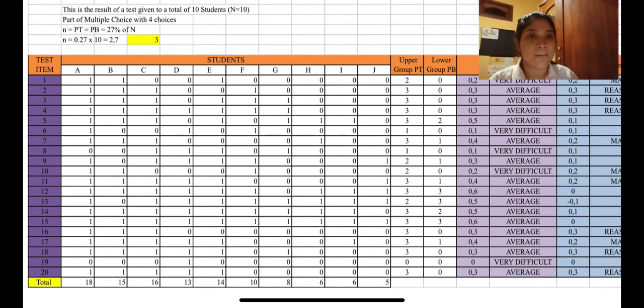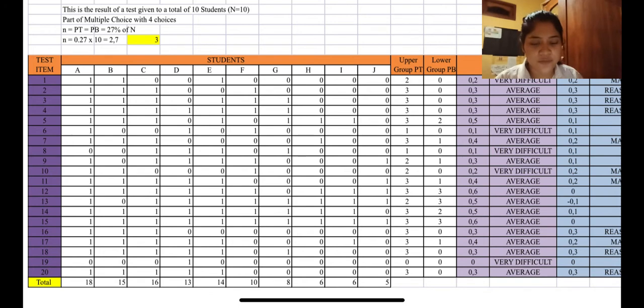This is the result of the test given to a total of 10 students. The capital N is the total of the students, which is 10, for the part of multiple choice with 4 choices. The little n, for PT and PB, is 27% of capital N, so 0.27 multiplied by 10, and the result is 2.7, which we determine as 3.